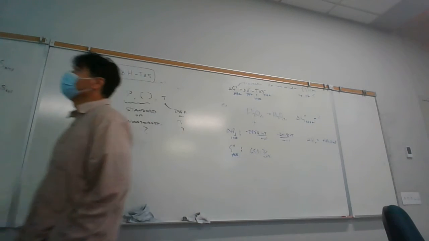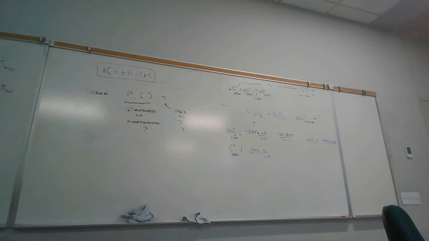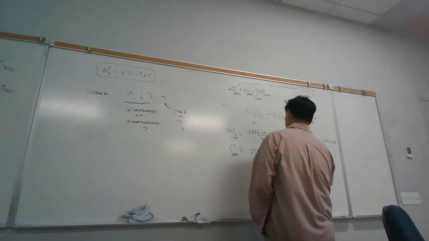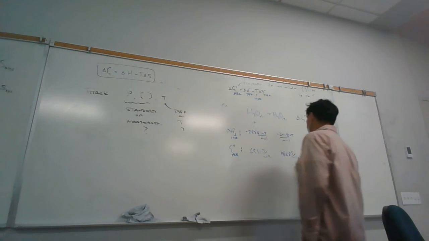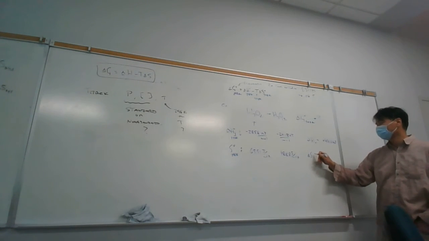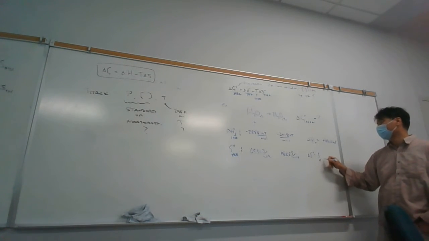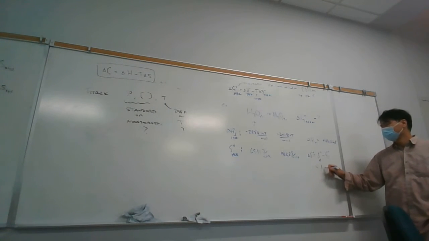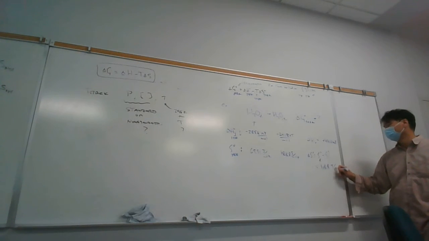And the entropy of H2O gas would be 188.8 joules per mole Kelvin. And so delta S is just the entropy of the products minus the entropy of the reactant, so I'll just write S final minus S initial. And that's going to come out to 118.8 joules per Kelvin.